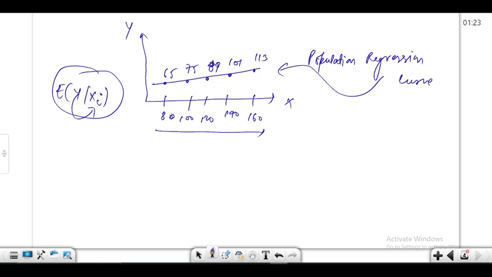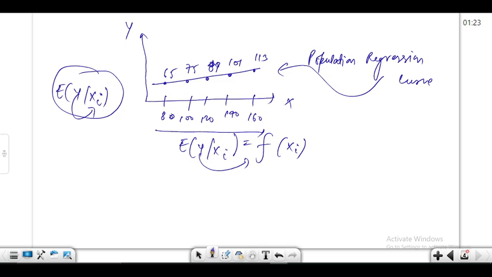From this explanation, it is very clear now that the expected value of y given xi is a function of your xi. Because if the values of xi are changing, then the expected value of your weekly family consumption is also changing. So your expected value of y is basically a function of your xi, your independent variable.